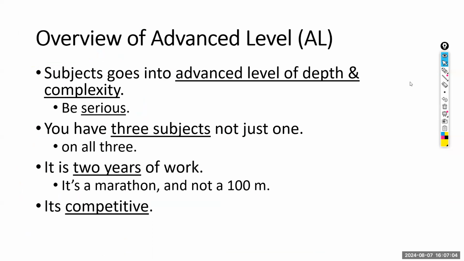Okay, so that is why you are asked to pick whatever 3 subjects you like. Unlike in O level, where there are compulsory subjects, but in A level, you pick the subjects so that you like those subjects, you enjoy, right? You are good at, because you are going to get into depth, some seriousness.